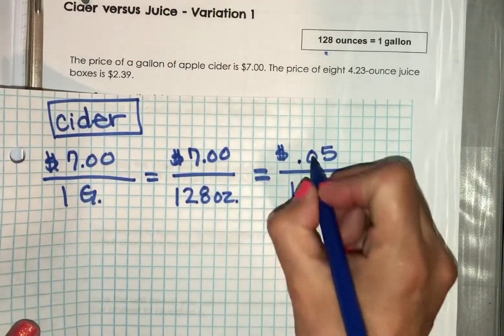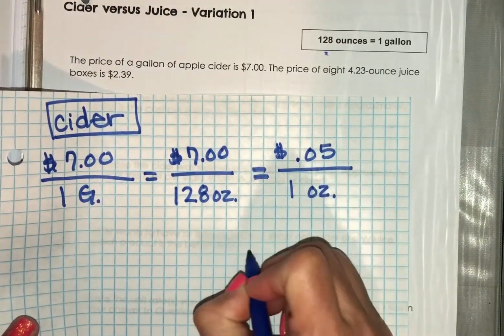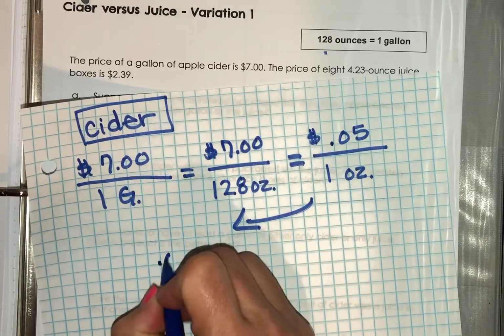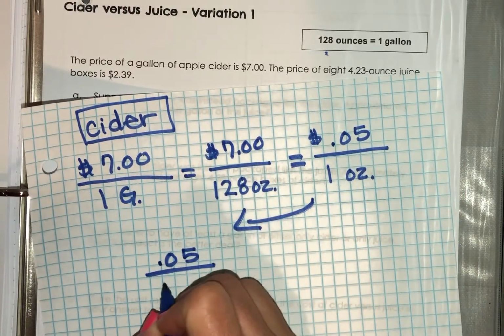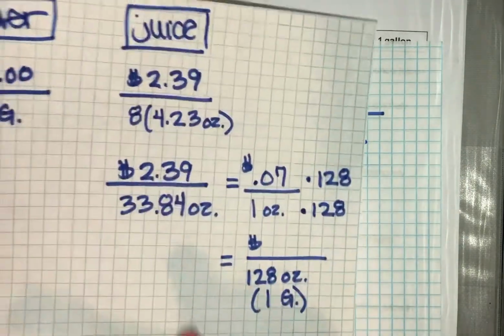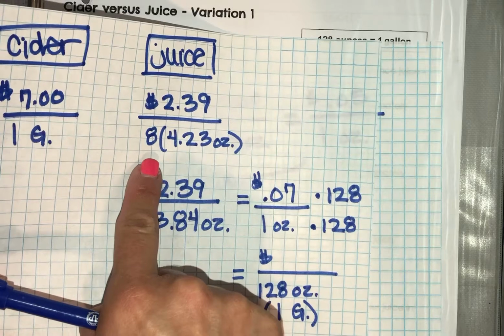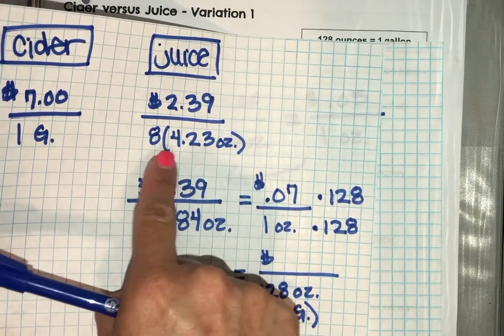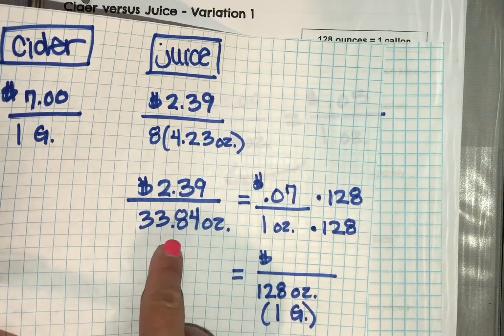So this is your rate. I'm going to rewrite it down here so I have more room. This is your 5 cents for every 1 ounce. And again, you need it packaged in this size, 8 of this size boxes. And what are those total ounces? They're right here.